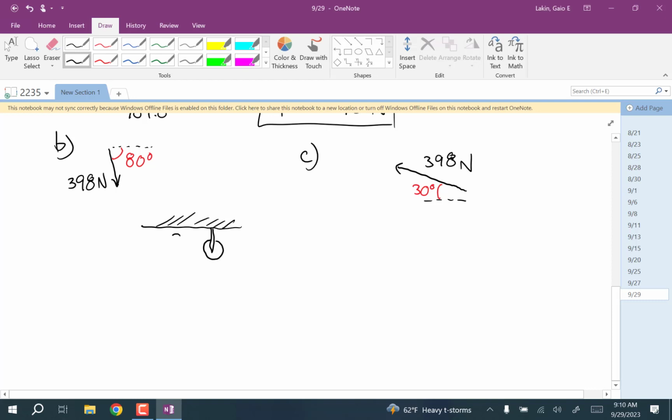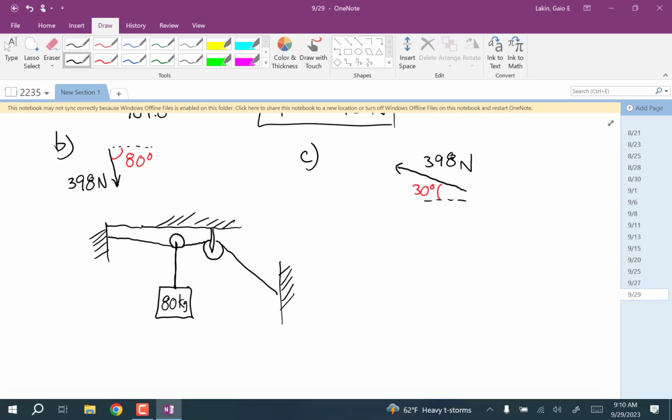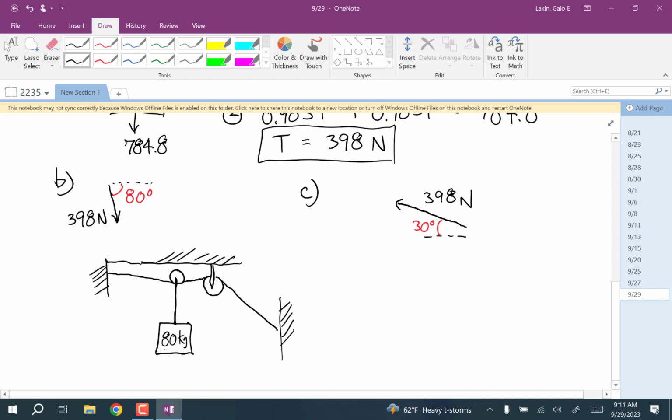So if you set it up like this, where say that angle is 2 degrees or something, this force is going to get way bigger than the weight force of that thing.